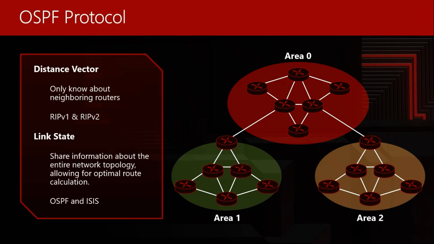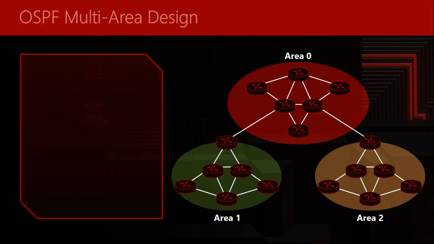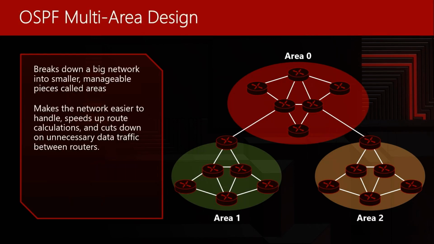OSPF, as it is a link state protocol, is going to create a tree of all the links participating in OSPF, all those connections, and try to map how the network looks. And with that information, it's going to help us visualize and calculate the best path, the best destination for each subnet.